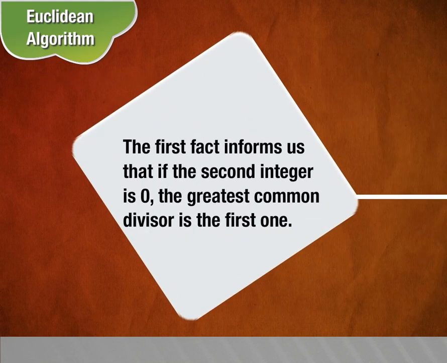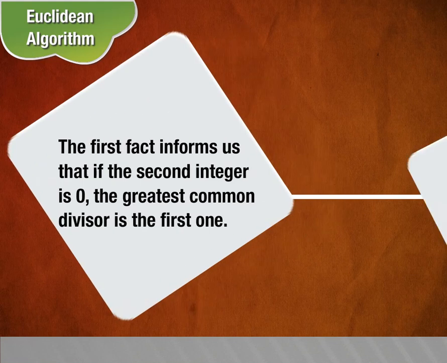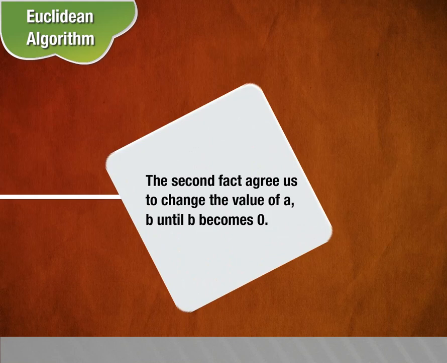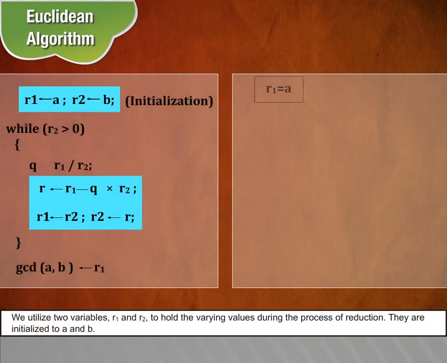The first fact informs us that if the second integer is 0, the greatest common divisor is the first one. The second fact allows us to change the value of a and b until b becomes 0. We utilize two variables r1 and r2 to hold the varying values during the process of reduction. They are initialized to a and b.